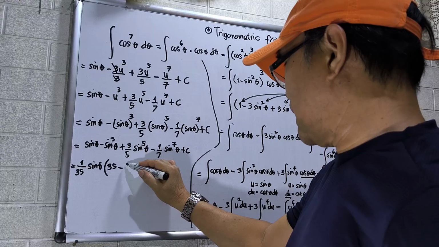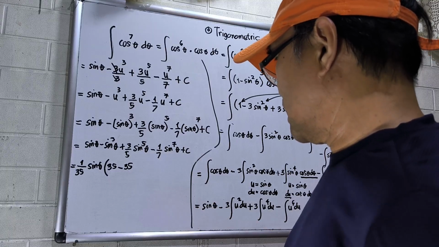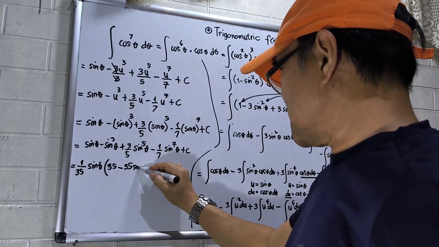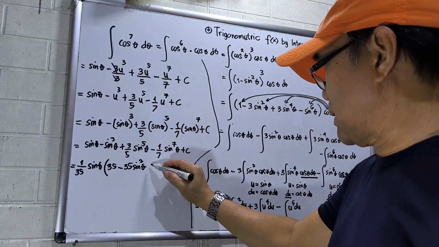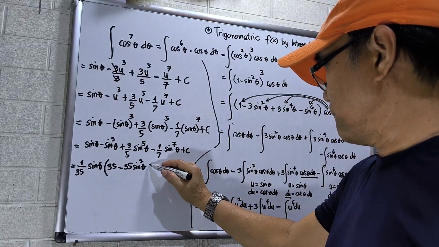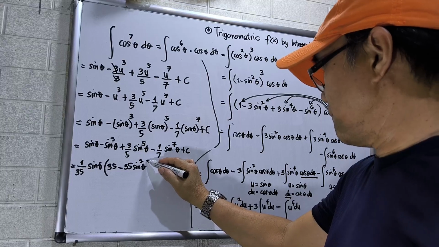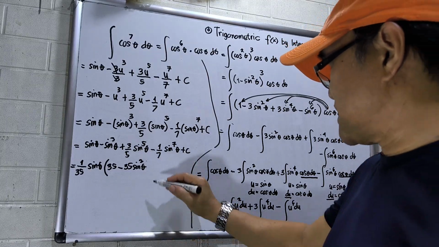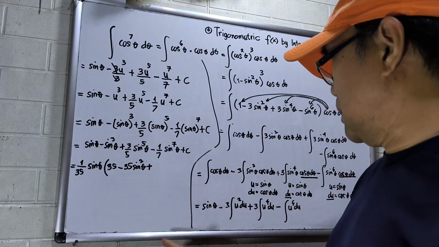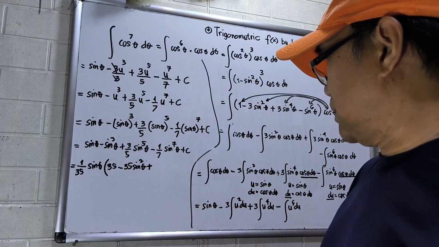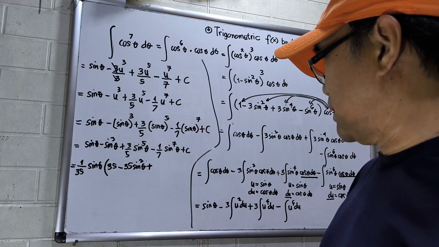This will be 35 sine squared theta, and then plus, this one is sine to the 5th, 3 over 5, that will be 21.